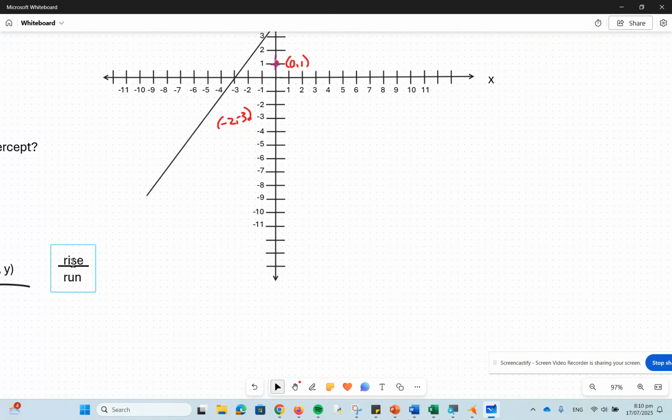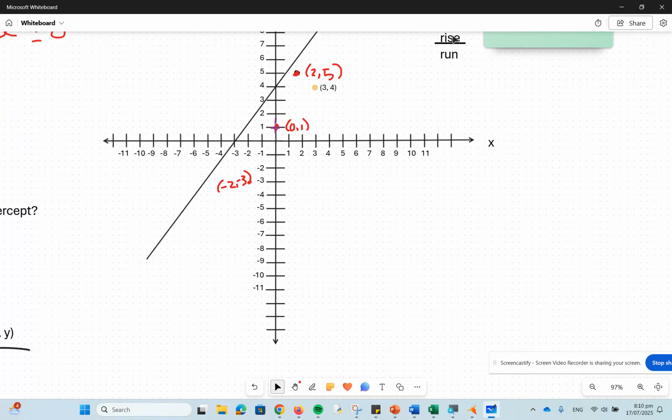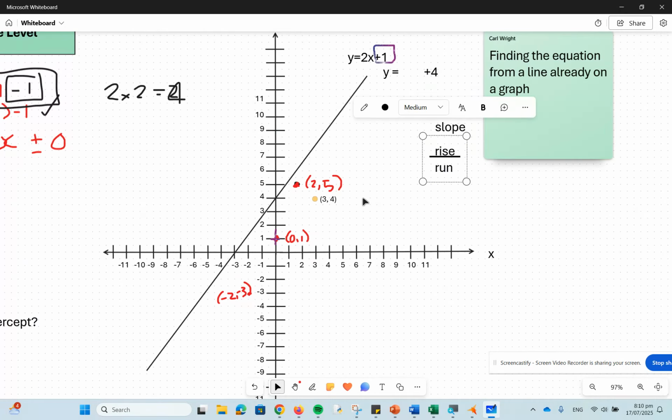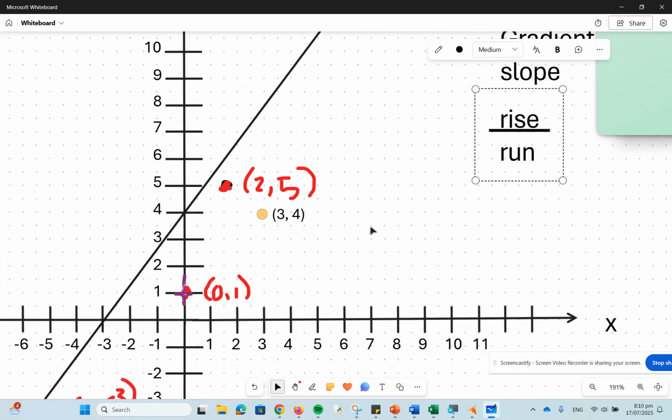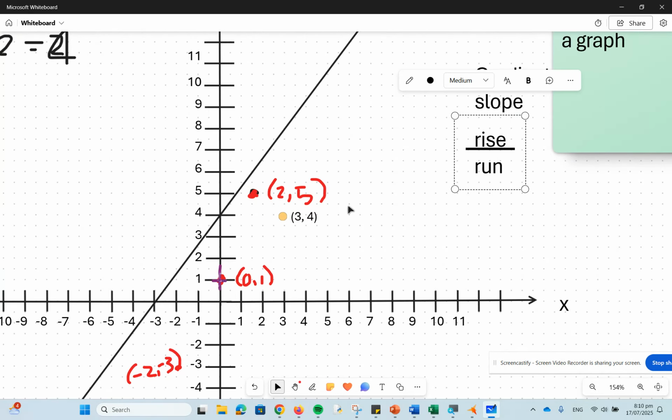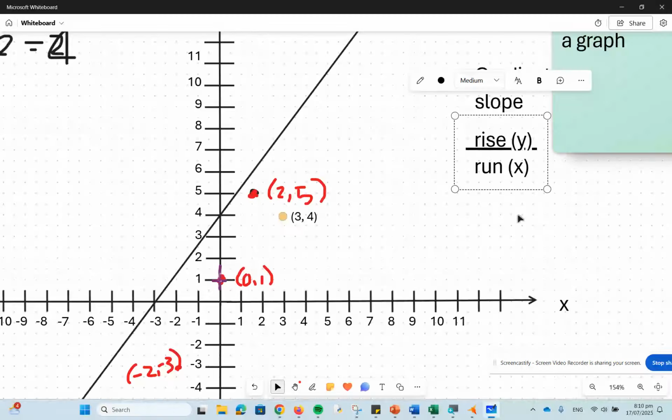So this is what the gradient is, rise over run. Rise means the y value, and run means the x value.